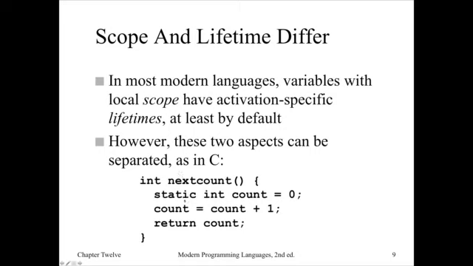Here's an example of that same function, next count, only I've declared a static int called count. Now, what's interesting is its scope. Everybody outside this function cannot see count. Inside the function, they can see it and return it. Of course, outside of that, it's not going to be called count. I mean, it could be, but it doesn't have to be.